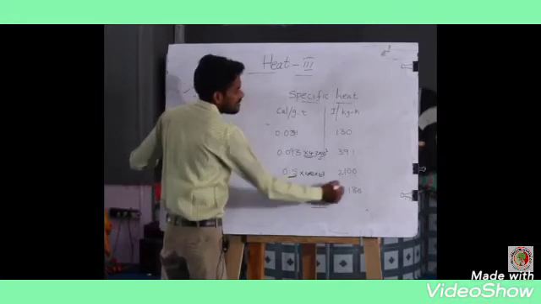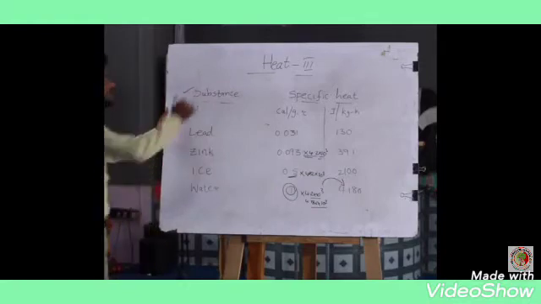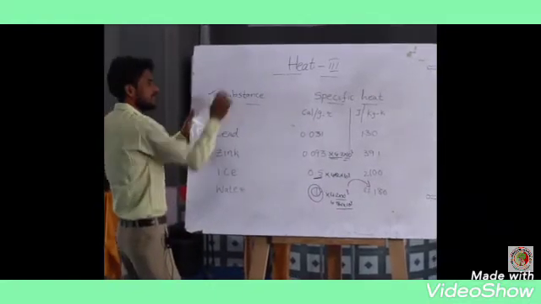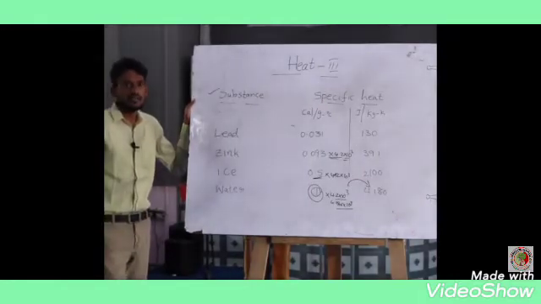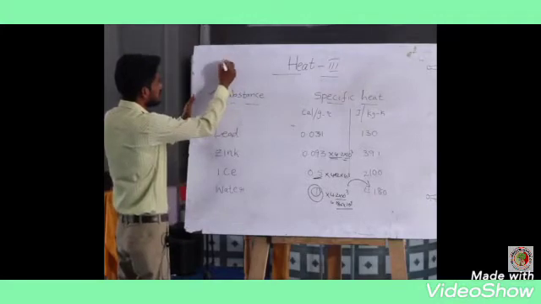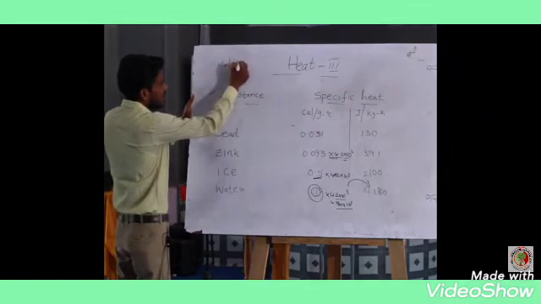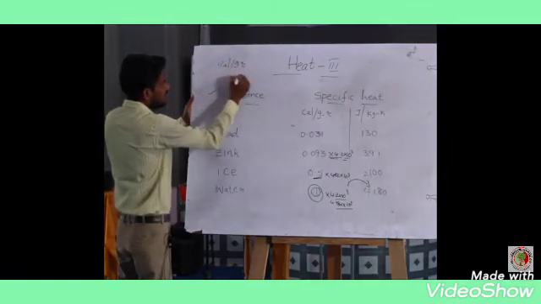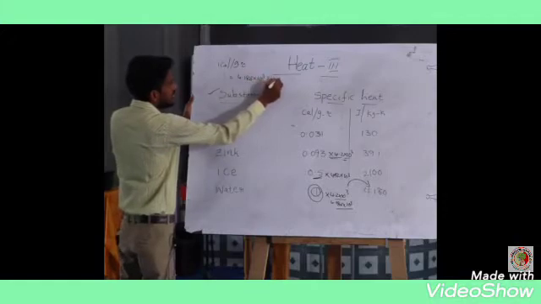This can be converted into joule per kg Kelvin, because of the relation I taught in the last class: 1 calorie per gram degree centigrade equals 4.186 into 10 to the power of 3 joule per kg Kelvin.